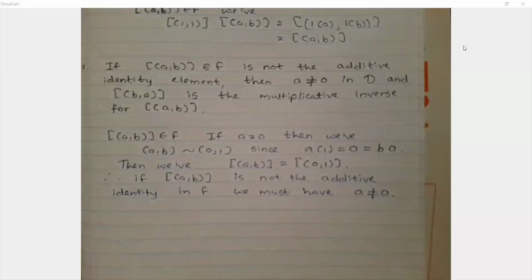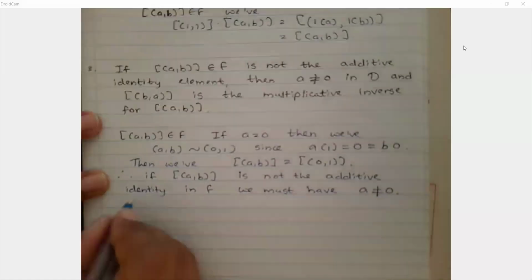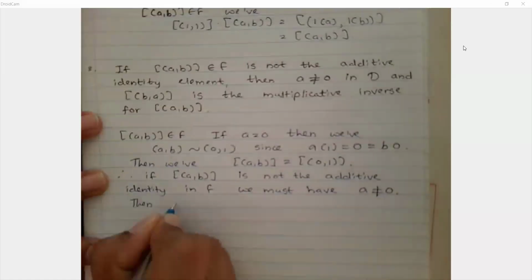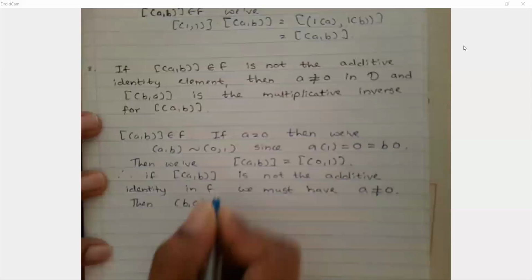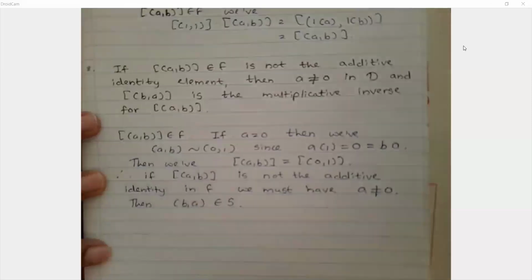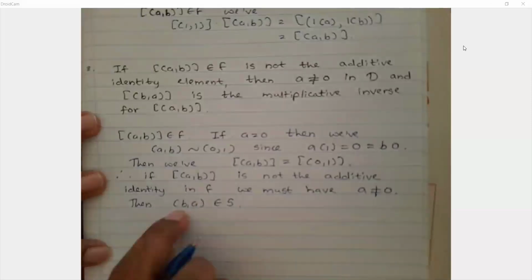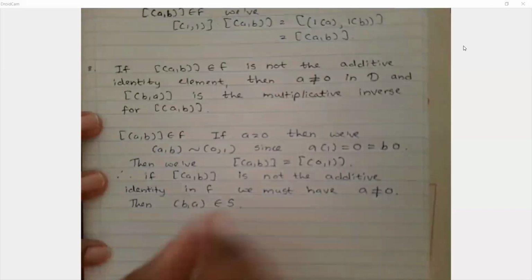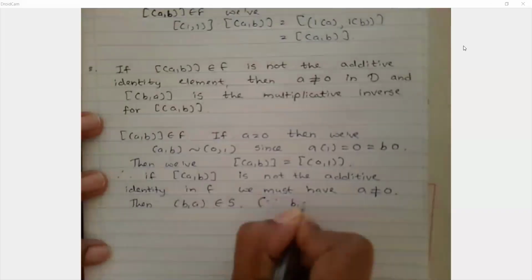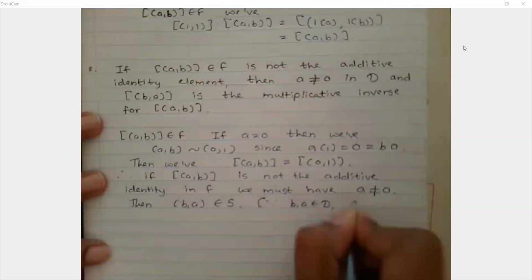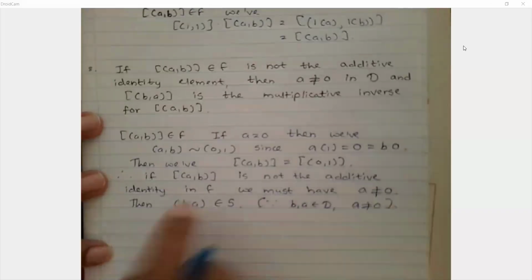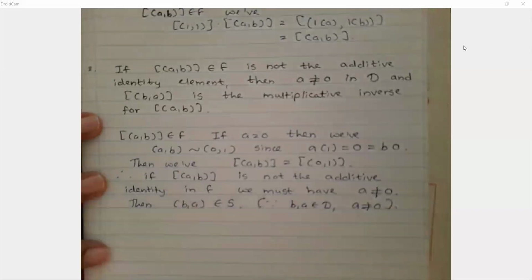When A is non-zero, the element BA exists in S because now B and A are elements in D and A is non-zero. Therefore, we have this element to exist in S.